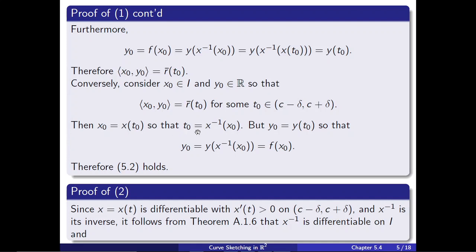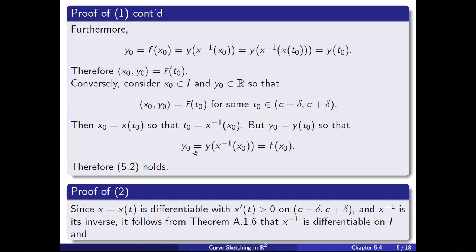So if we apply the inverse function, x inverse of x naught, and x inverse of x of t naught, on this side we get t naught, and on that side we are left with x inverse of x naught. But y naught is equal to y of t naught.